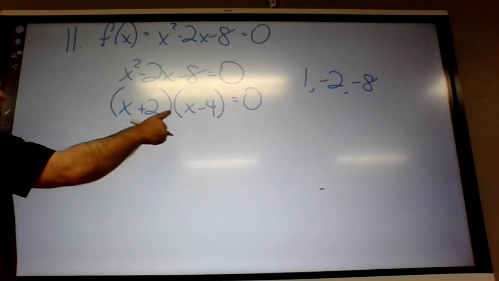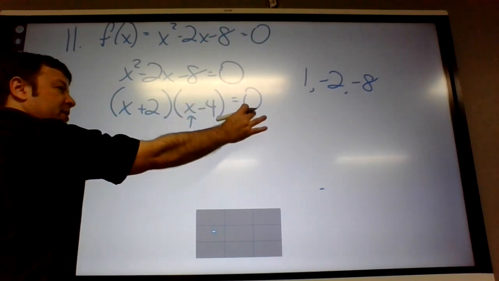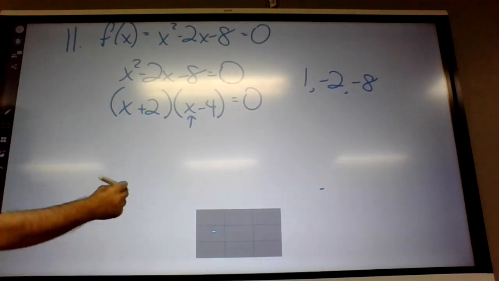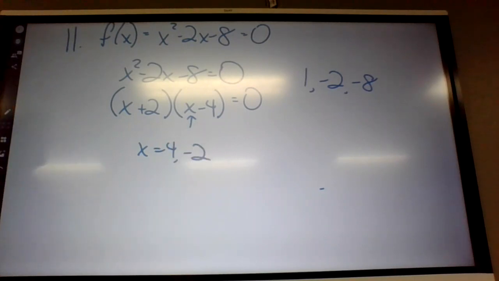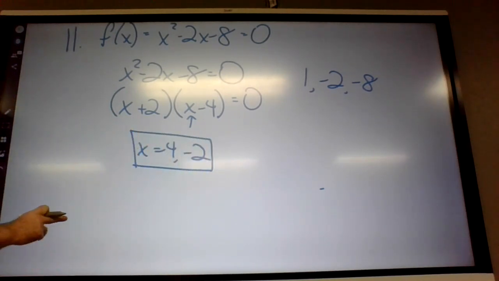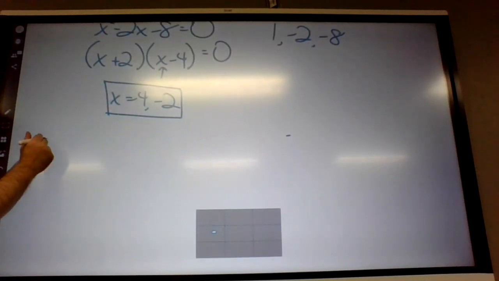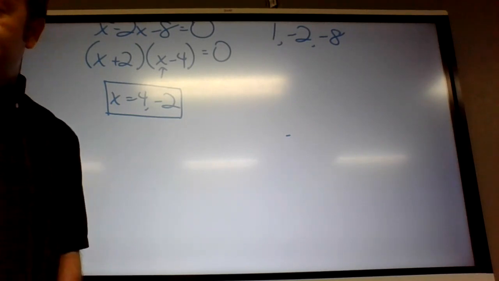And then we said, what x values, if I plugged them in, would make these factors equal 0? 4 and -2. And if you use quadratic formula, you should get the same answers. So you can kind of choose what you want to do. If you're not sure how it factors, just go ahead and do quadratic formula.